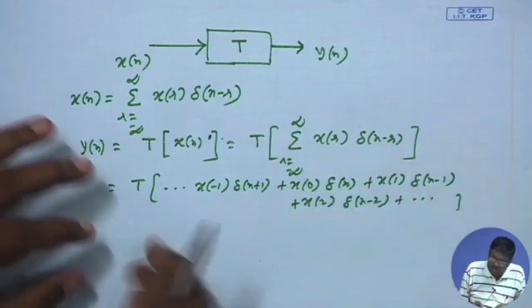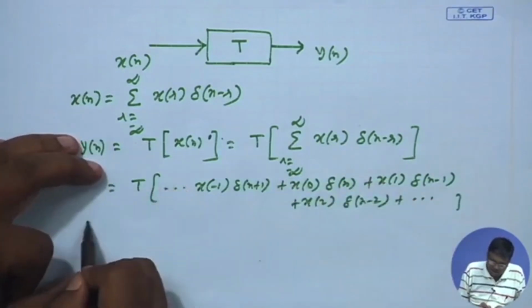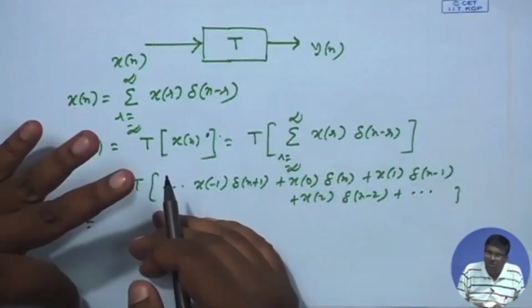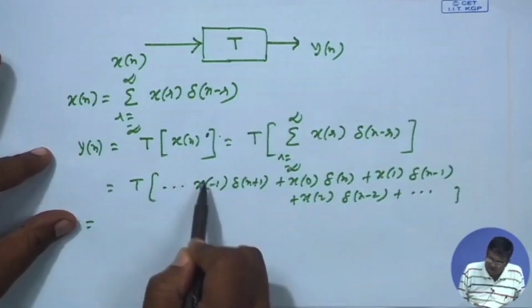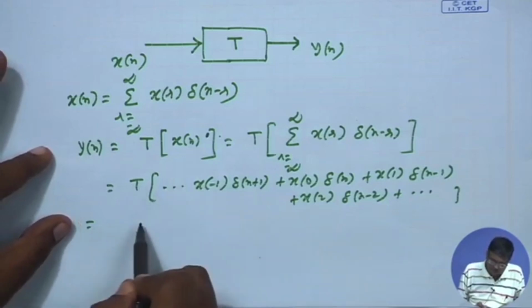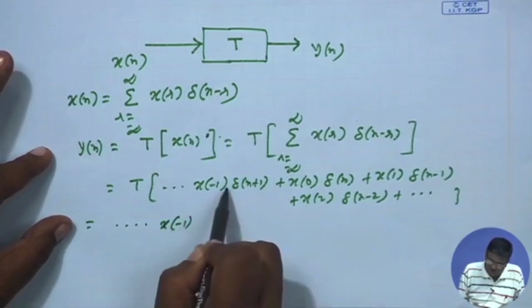This is summation. So, T working on this total, if T is linear, it will be same as T working on the individual ones and their summation. And when T works on the individual one, this is like the constant, so it will go out. This is the sequence part. So x minus 1 will go out, T will work on that.